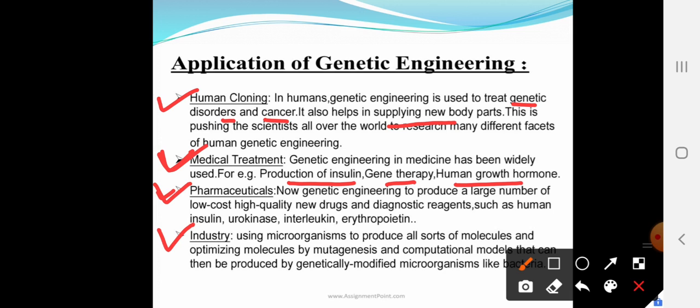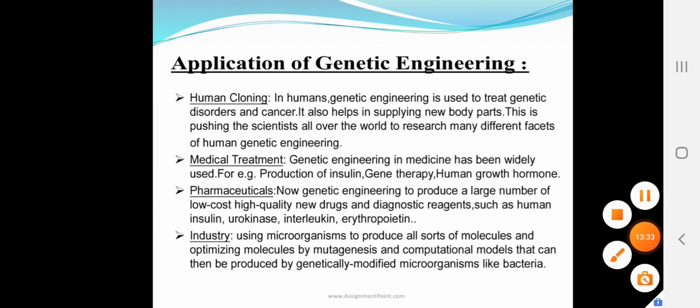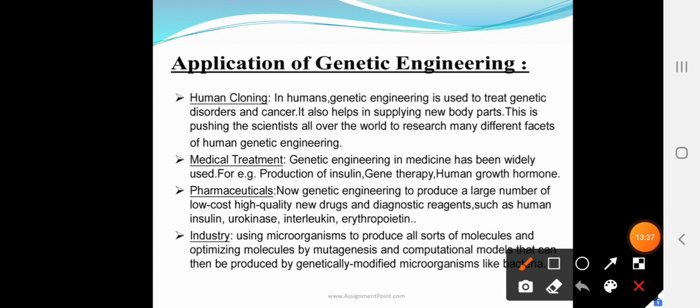It has also been used in the pharmaceutical industries to produce large numbers of low-cost, high-quality new drugs and diagnostic reagents such as human insulin, urokinase, interleukin, erythropoietin. This process is also used in industries.